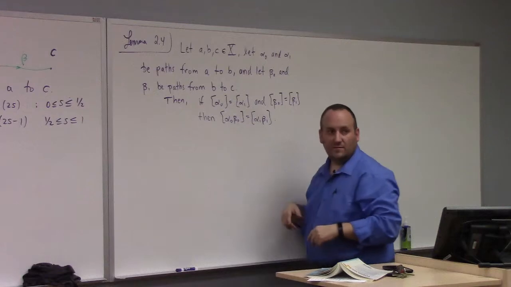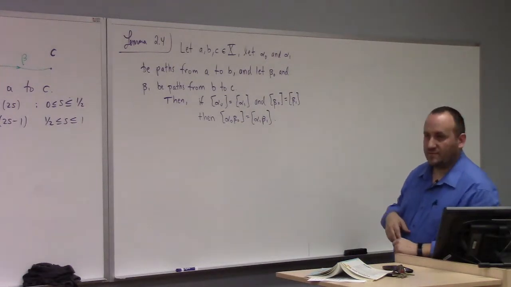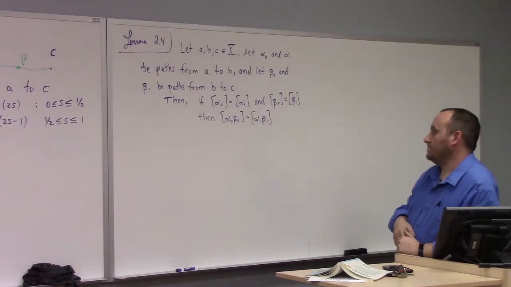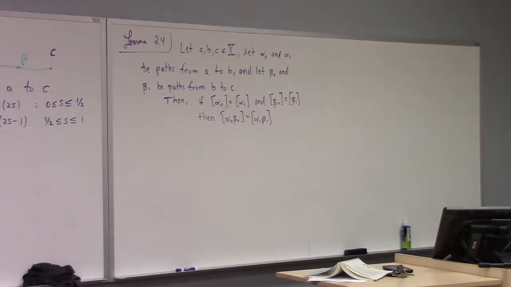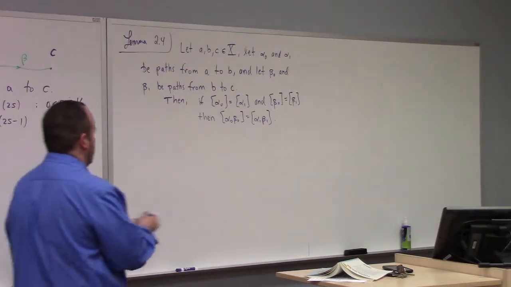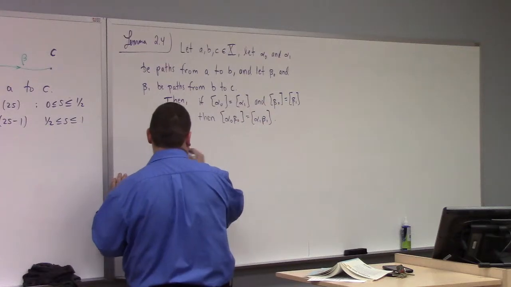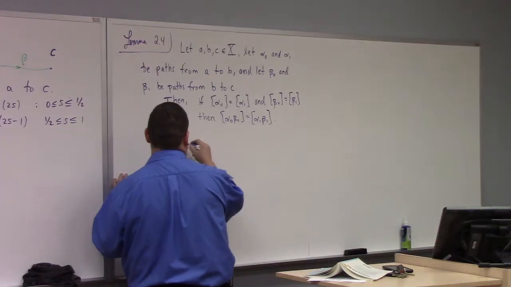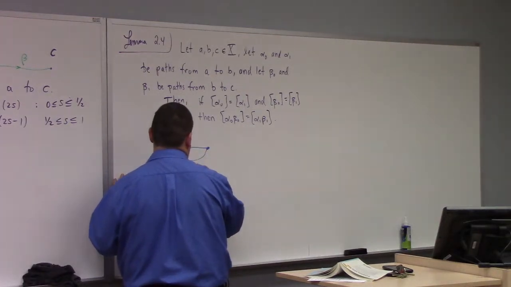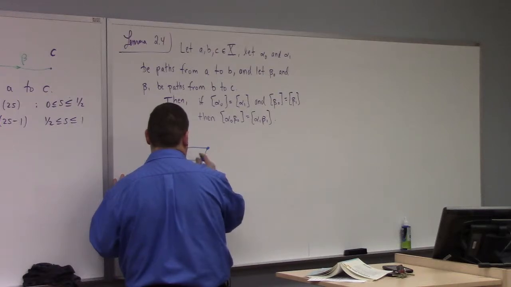So if you join homotopic paths, that would be homotopic to what you get if you picked a different representative. Let me just draw a picture of what this lemma is saying. Here's alpha 0, alpha 1. I usually put alpha 1 upstairs.